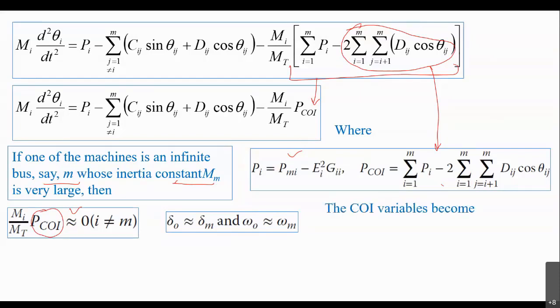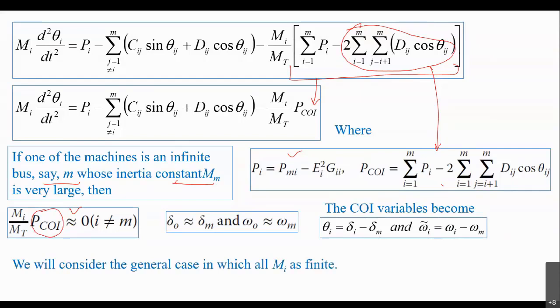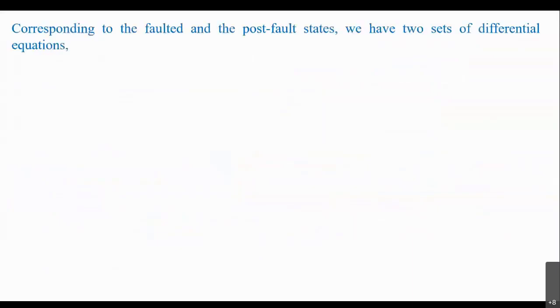So the COI variables become theta i equal to delta i minus delta m, and omega i tilde is equal to omega i minus omega m. We'll consider the general case in which all Mi are finite. Considering that, corresponding to the faulted and the post fault states, we have two sets of differential equations.